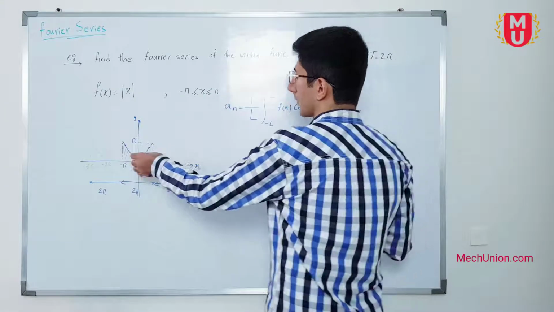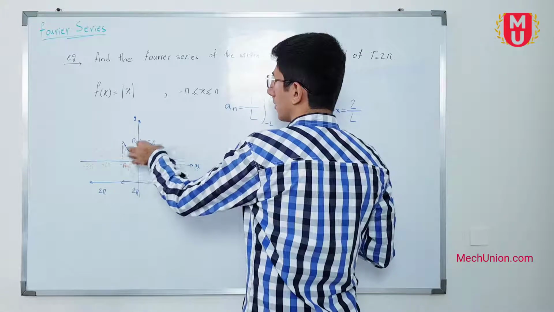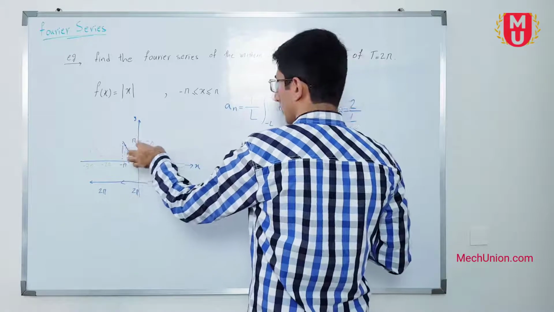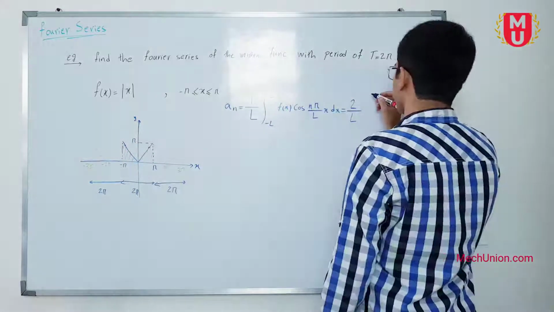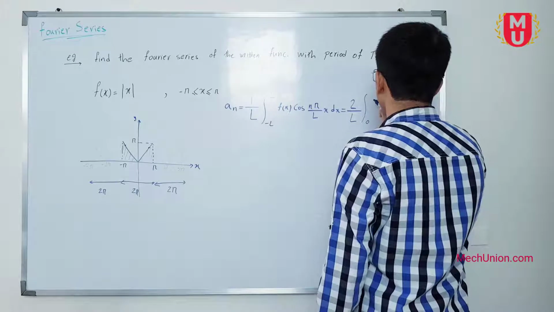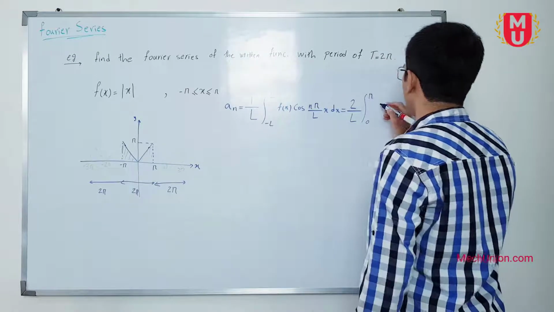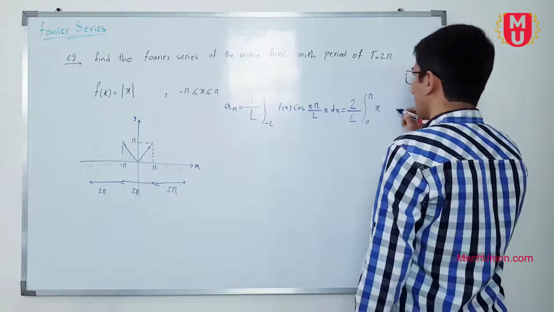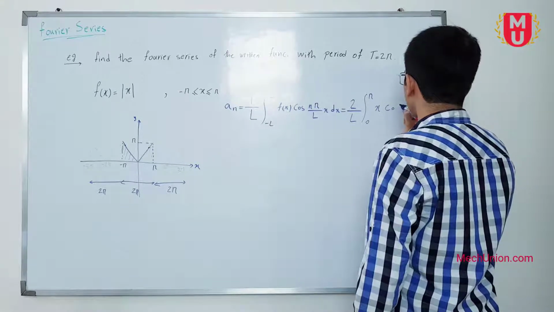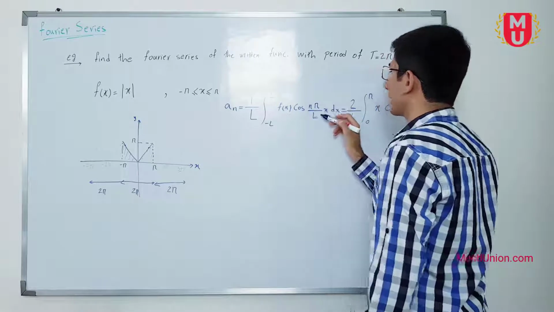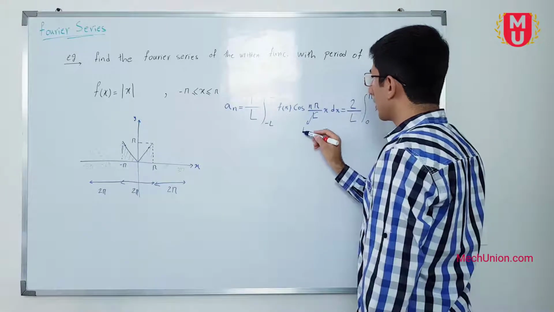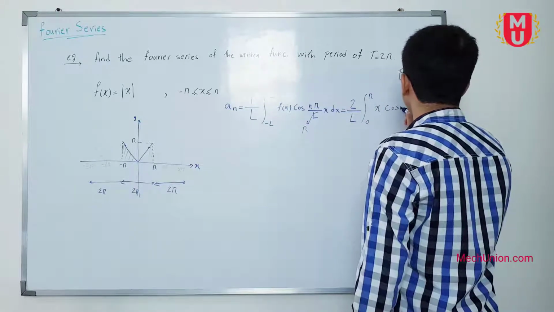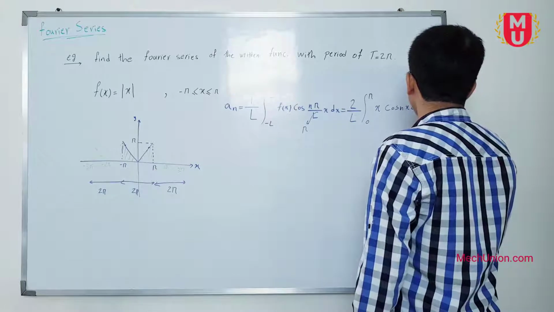We just solve the 1/2 of the region and multiply it by 2. From 0 to pi, f(x) is equal to x, and cosine n pi over L. L is pi and it is simplified with pi. Cosine of n x dx.